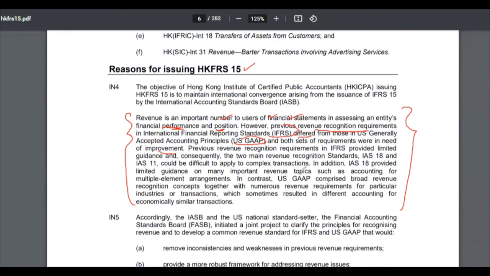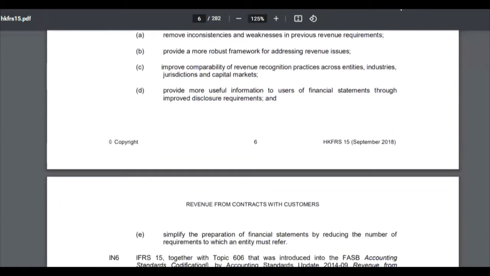So what the standard is trying to do is basically bring these two standards together in line to improve the reporting requirement of revenues, right? So that's what the standard is trying to do actually. So this was the reason why the standard has been issued, HKFRS 15.